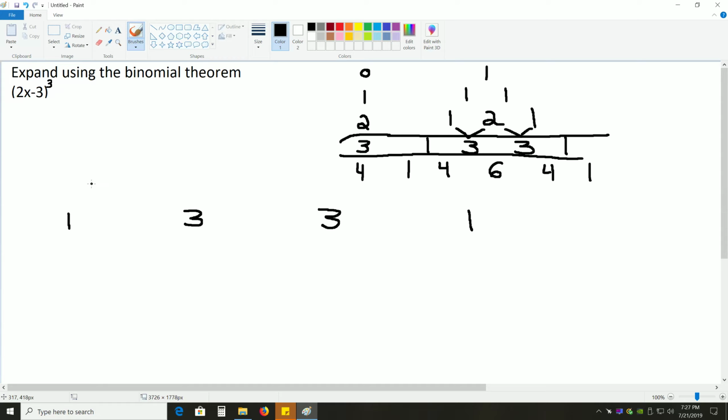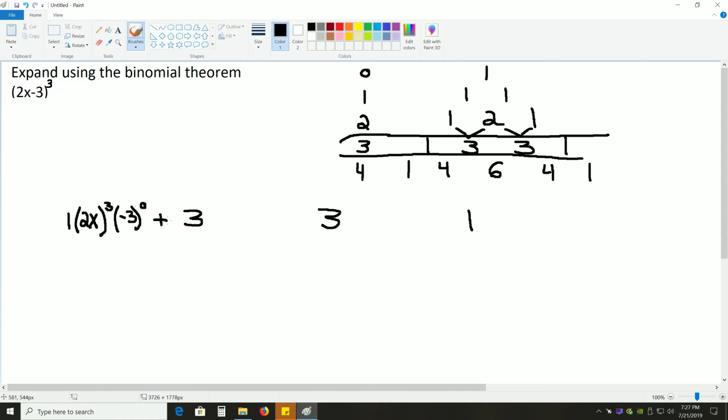And the way the binomial theorem works is you will take your first term, which is the 2x, and you will raise that to your exponent, which is 3. Then you will take your last term, which is negative 3, and you will raise that to 0.